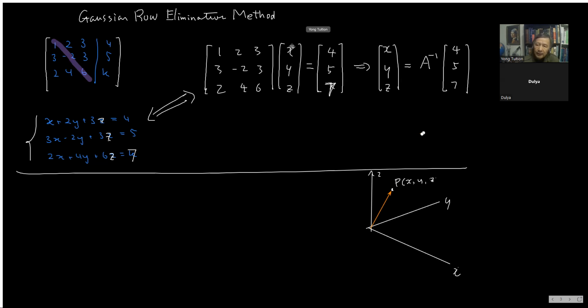In the meantime, we have another vector whose x and y are 4 and 5 respectively.